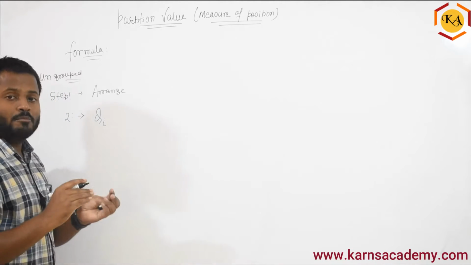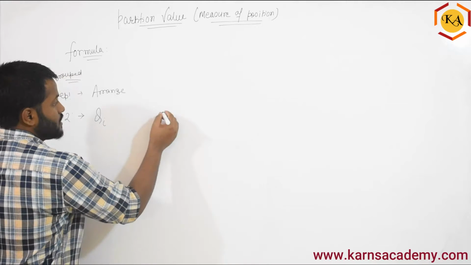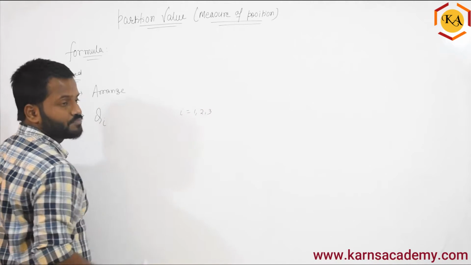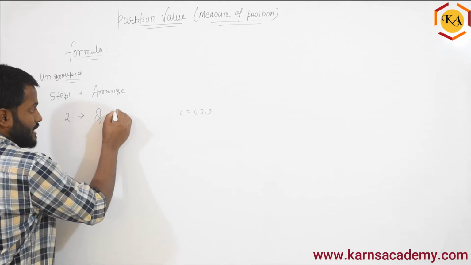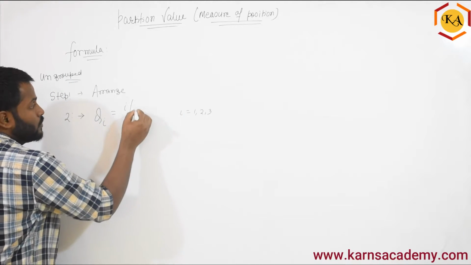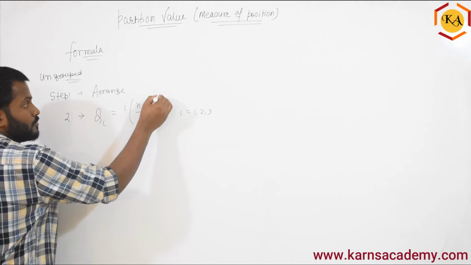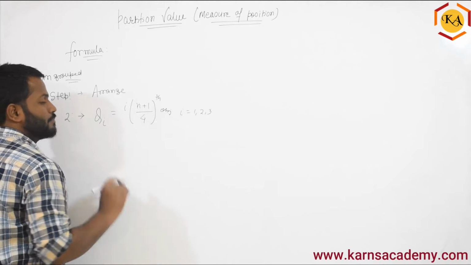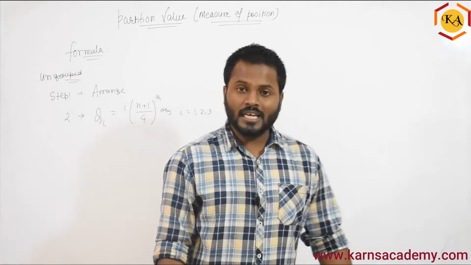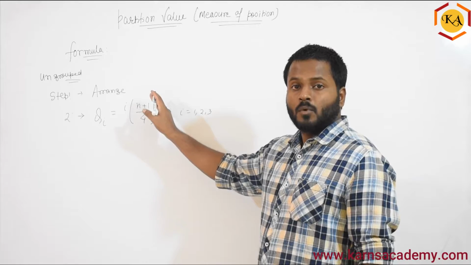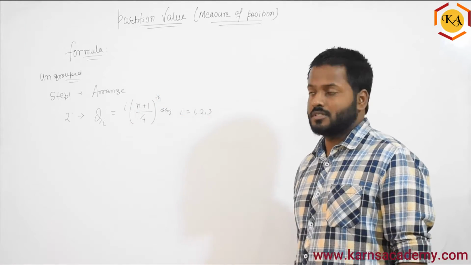Why i? It can be Q1, Q2, Q3, which means i is either 1, 2 or 3, which is equal to i into (n plus 1) divided by 4th observation. Very simple.